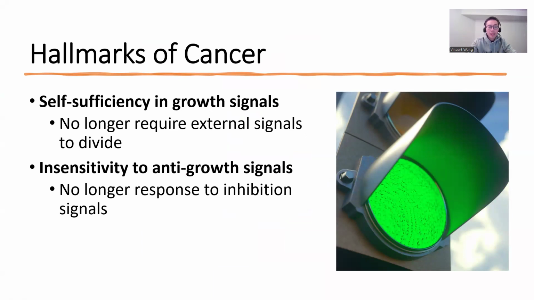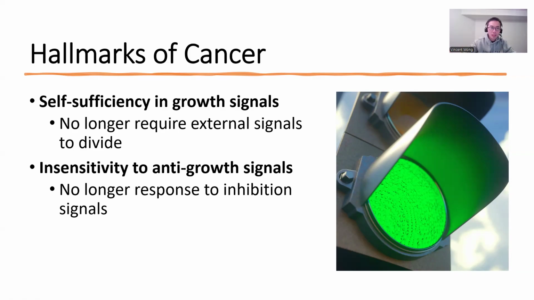Number one, cancer cells have self-sufficiency in growth signal, meaning they have their own green lights, right? They don't even need an external stimulus to tell them to divide. They will just divide on their own because all their green lights are on, so to speak.